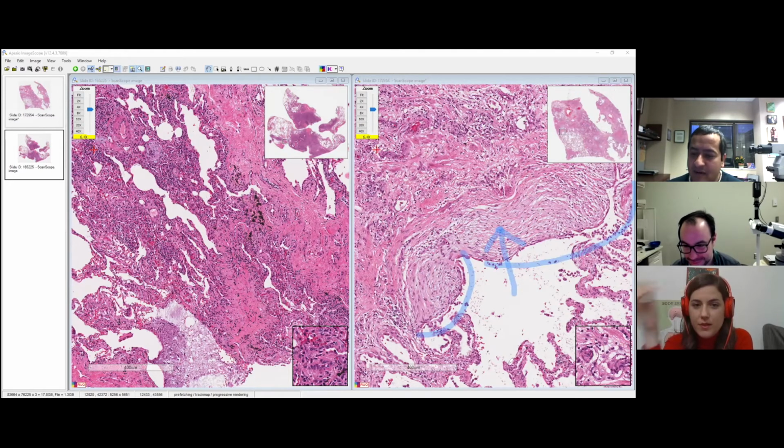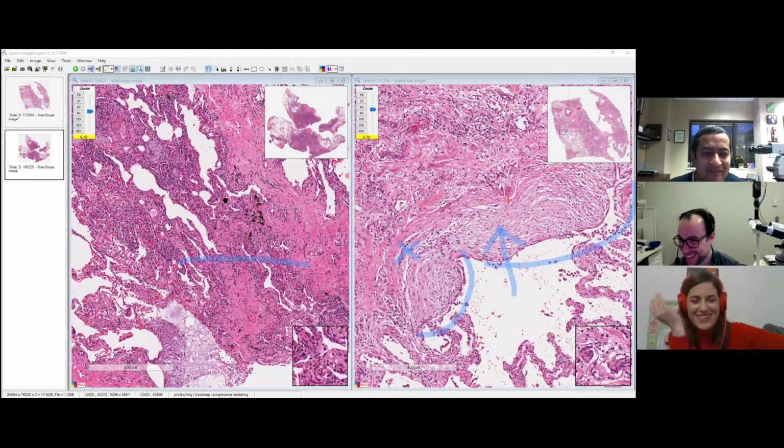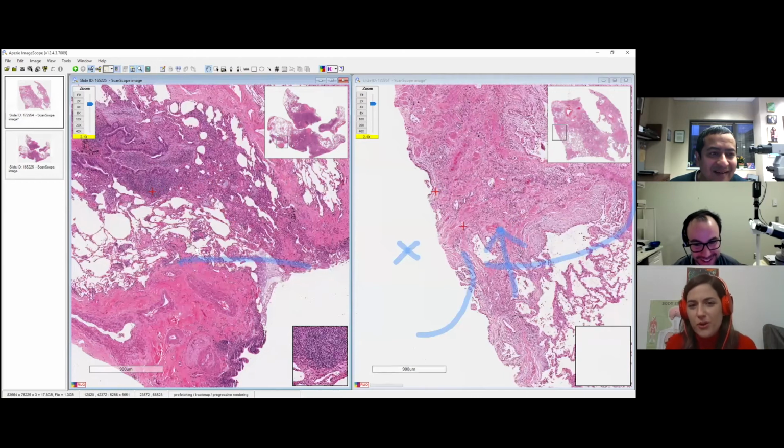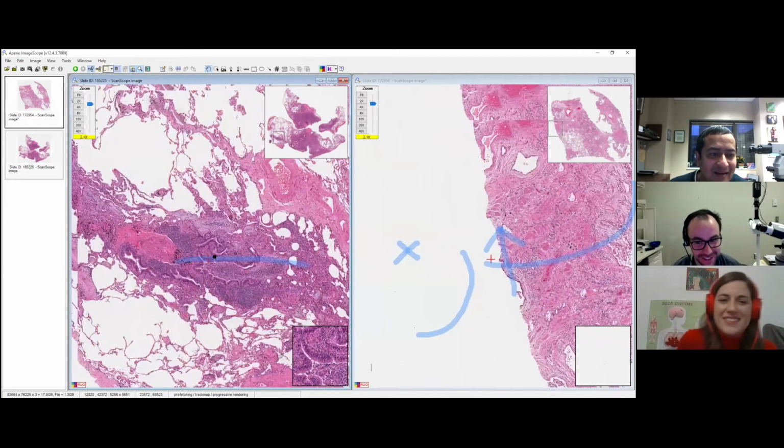The Masson body or the fibroblastic plug normally has strictures. And in my opinion, it's like dancing, going through the pores of Kohn and doing like a dance.